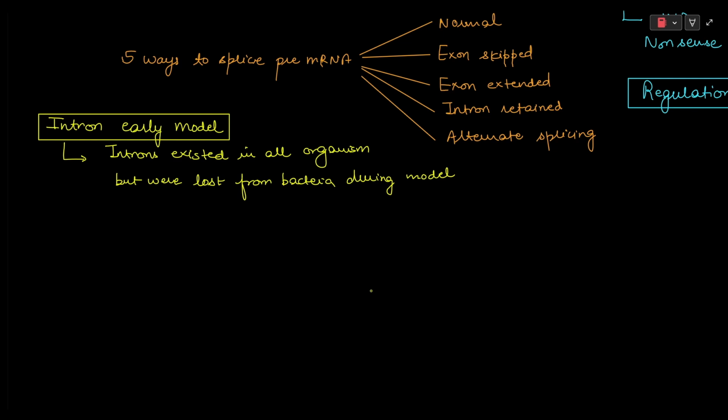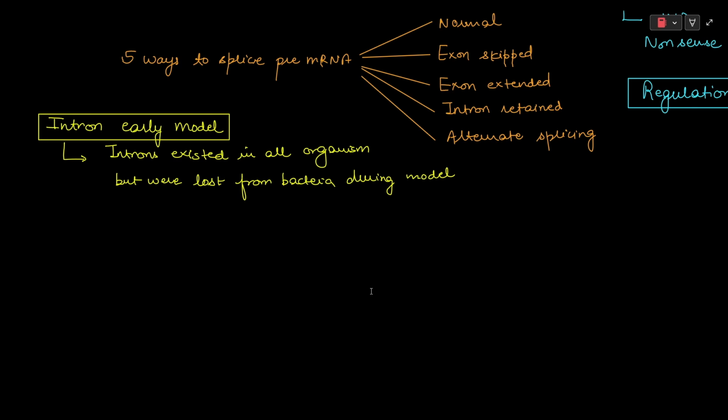The theory behind this is that bacteria are the simplest organisms possible. They don't contain any kind of organelle, and they don't have a nucleus. So the introns existed in bacteria, but in order to make things more streamlined, they deleted them. As a result, you will always see that the bacterial genome is very small compared to the eukaryotic genome.